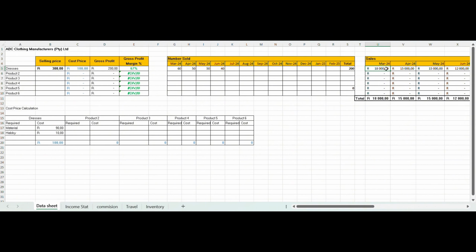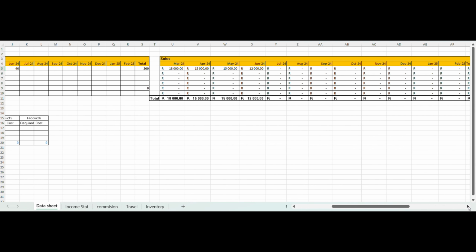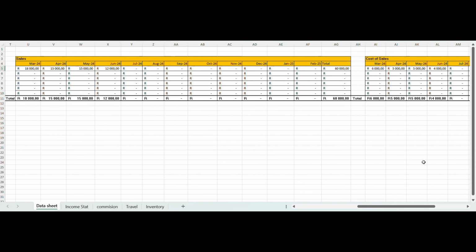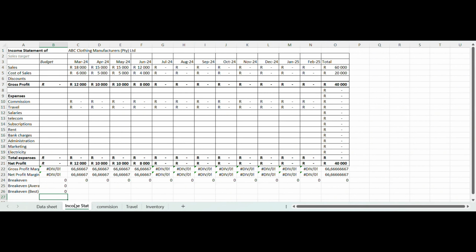Now to calculate the cost of sales, it would take the number of dresses, which is 60, multiply it by 100 and give you 6,000 Rand, as you can see here. So that's your cost of sales. So what the spreadsheet does is it takes these values and it populates it into the income statement.